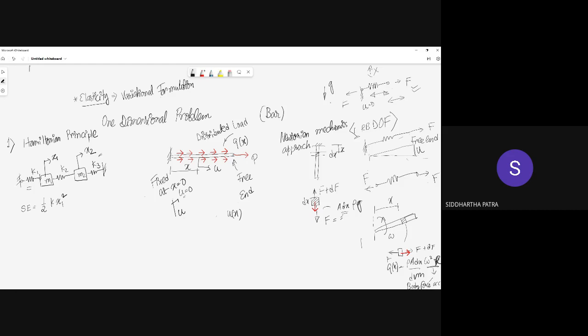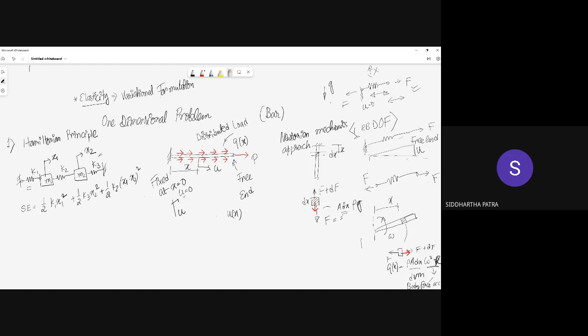These are all linear springs. The same thing applies to k3, but when it comes to k2, the displacement of both m1 and m2 matter. So it is half k2 times (x1 minus x2) whole squared. It doesn't matter whether you take x1 minus x2 or x2 minus x1. So this is the net strain energy of the system.